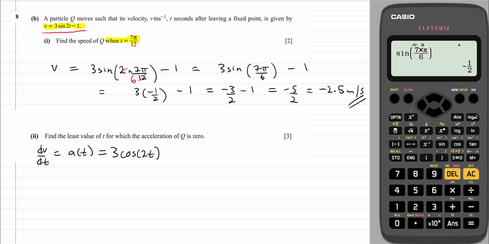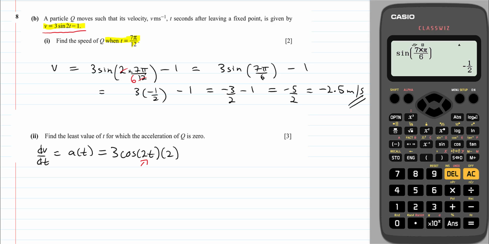Then we just need to multiply by the derivative of our inside function, which is 2t. The derivative of 2t with respect to t is just 2, so we will multiply by 2. And the negative 1 is just a constant term, so that just goes to 0.